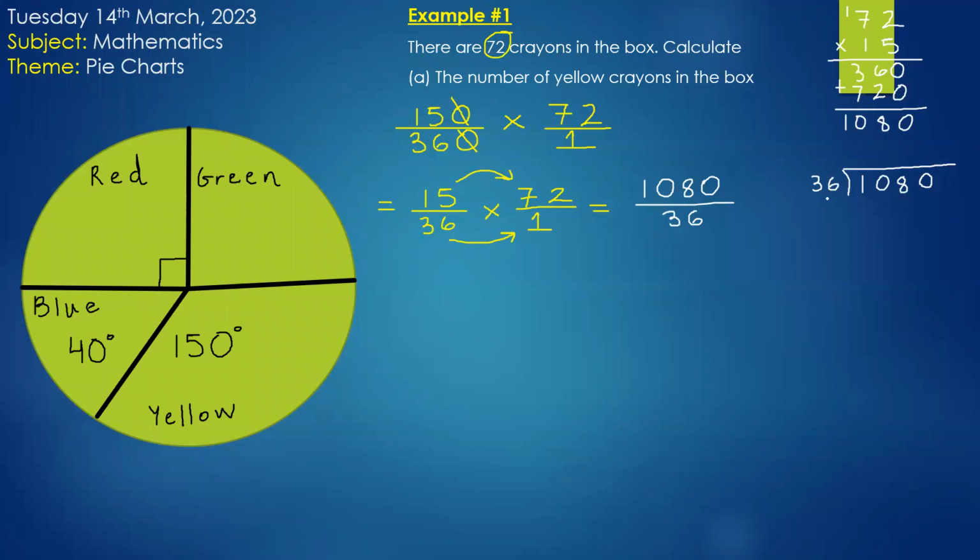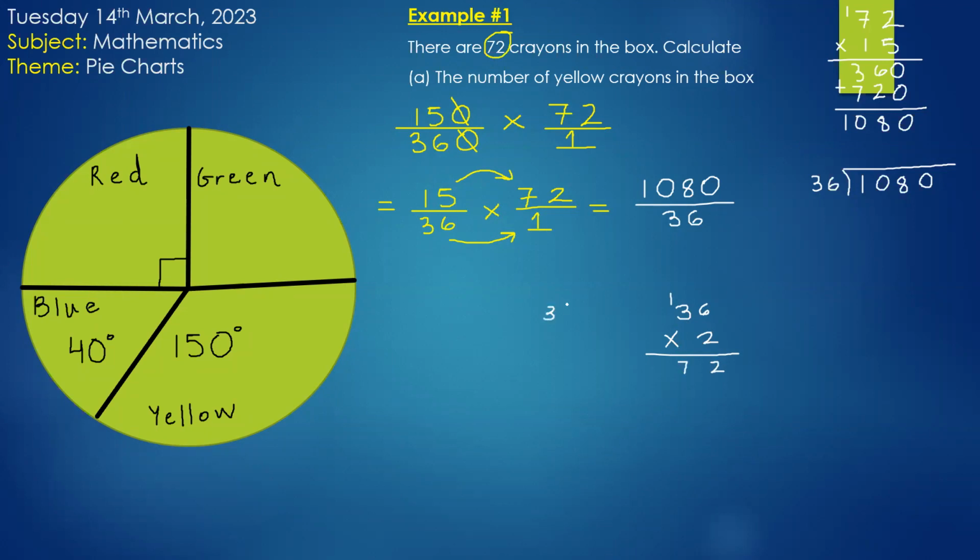Okay, so how many times does 36 go into 108? Well, we don't know. 36 times 1 is 36. 36 times 2: 2 times 6 is 12, put the 2 down, put the 1 up. 2 times 3 is 6 plus 1 is 7. 72, that's too small.